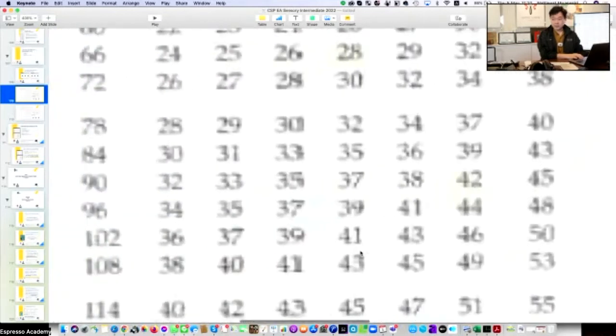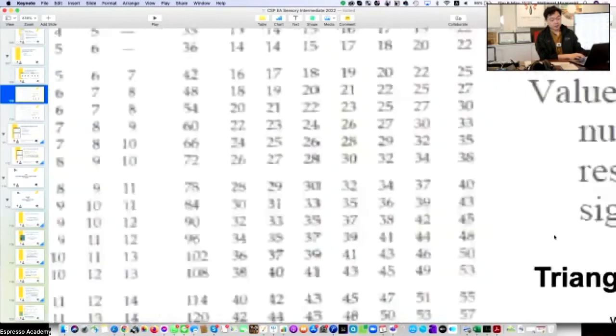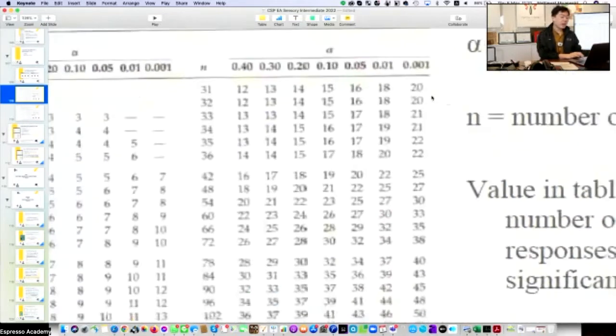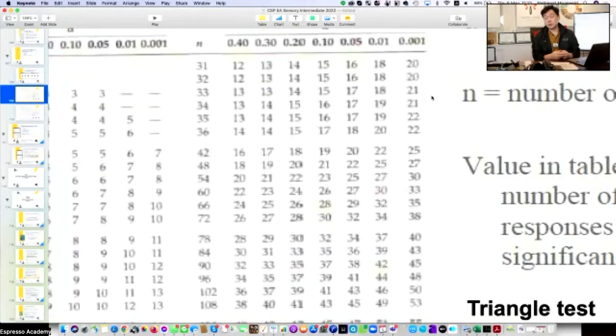With 100 people, from the finding of 100 people, there are 50 correct responses, and that correct judgment is referred to 0.001, which is like 0.01% significance value. And that means it is very reliable. The reliability is like you can trust the data higher, okay? So it depends on what number you want to use.